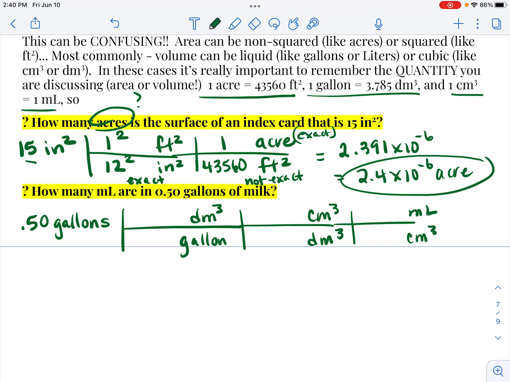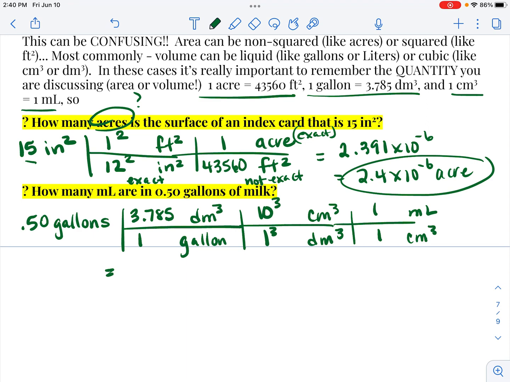All right, so this is easy. 1 milliliter is 1 cubic centimeter. I gave you 1 gallon is 3.785 cubic decimeters. And then if you don't know centimeters to decimeters, you have to go to meters first. But I know that 1 decimeter is 10 centimeters. So when I cube them, I have to cube both numbers.